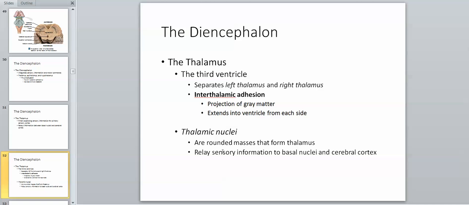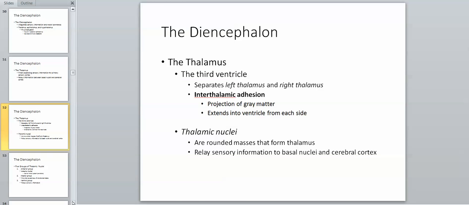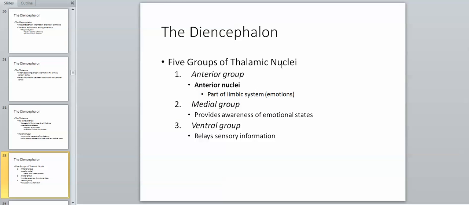So then we have the thalamic nuclei, and these are very specialized areas of gray matter that relay sensory information to different things. For example, the cerebral cortex and the basal nuclei. So we've got lots of thalamic nuclei, but we've got five main groups. We've got the anterior thalamic nuclei.